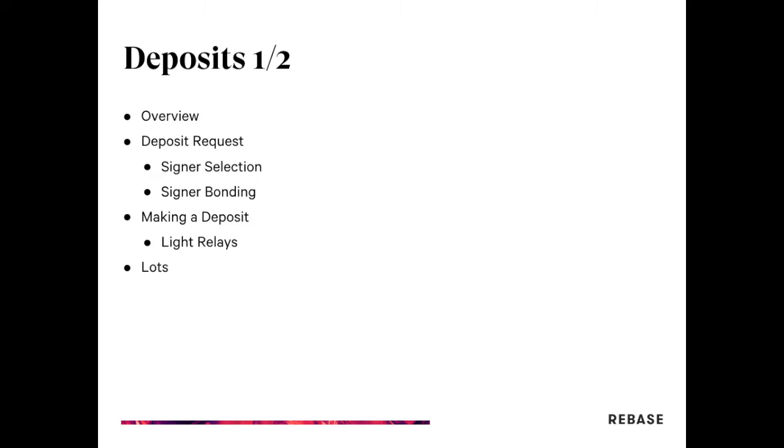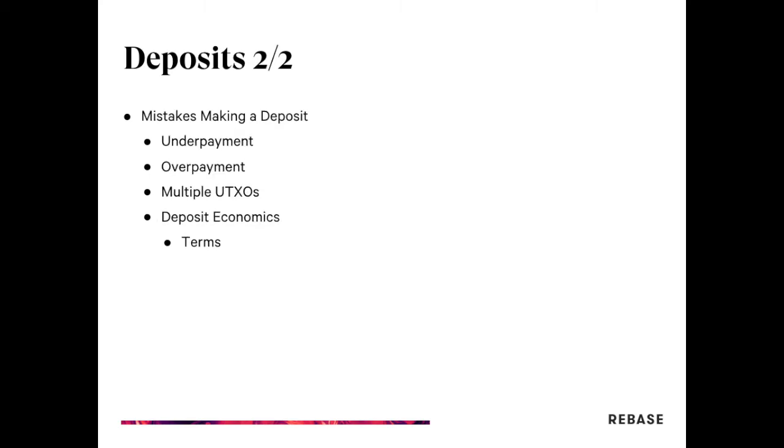So rather than putting 5 Bitcoins in and having one signing group of, I can't remember what the exact number is, I think it might be 80 signers, you have 5 different deposits, 5 different signing groups, and therefore 5 times 80 signers, which is much more resilient.